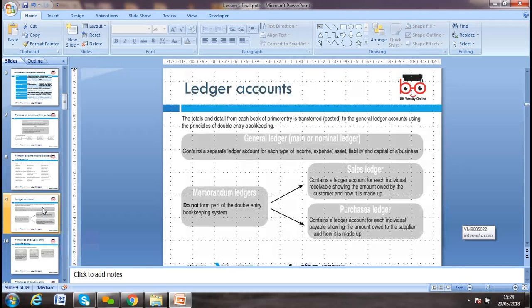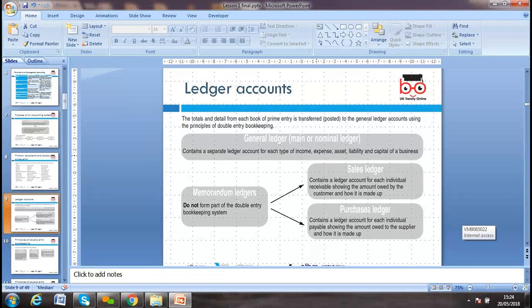Okay. So then we have a ledger account. We prepare the ledger, the total and detail of each book. For each prime book we can make a ledger, containing a separate ledger for each type of income and expense. Income can be different types of sales, and expenses can be different sorts like admin expense and distribution expense.